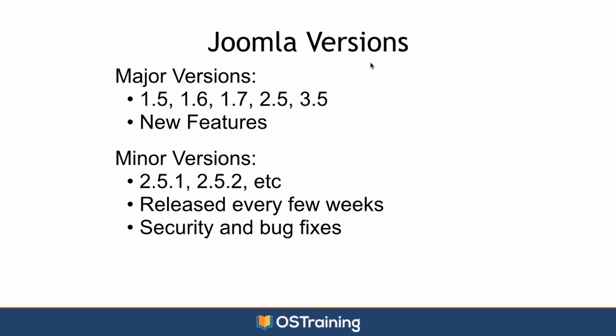Right now, the 0.5 versions, so 1.5, 2.5, and 3.5, are what's called the long-term release versions. These are the ones that will be supported for the long term. And as each 0.5 version is released, the previous version of Joomla goes into non-support mode.